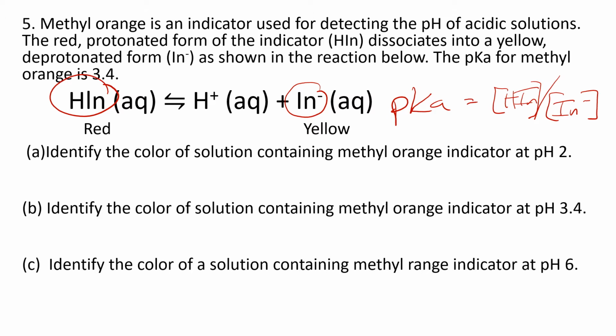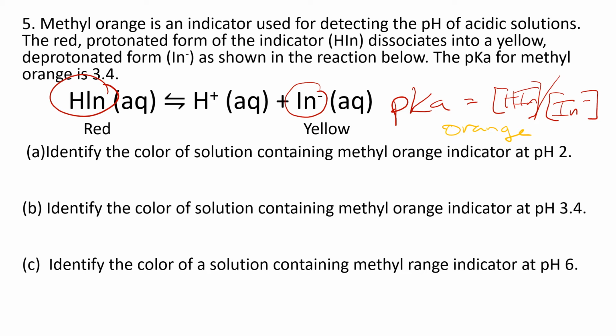It'll be between red and yellow. So anything that's more acidic, meaning there's more HIN in solution, means the predominant color is going to be red. Whenever there's more IN minus, or the conjugate base, the solution is going to be predominantly yellow.